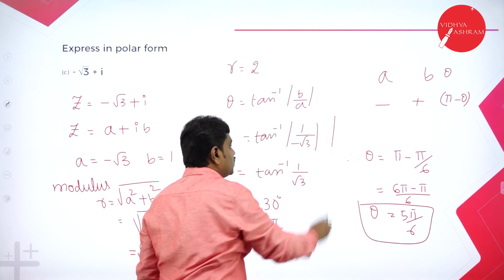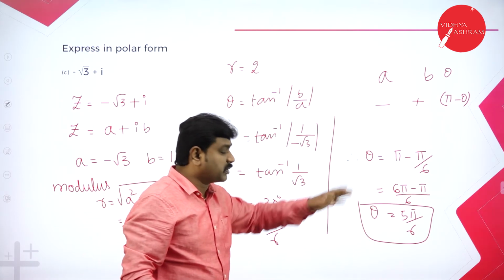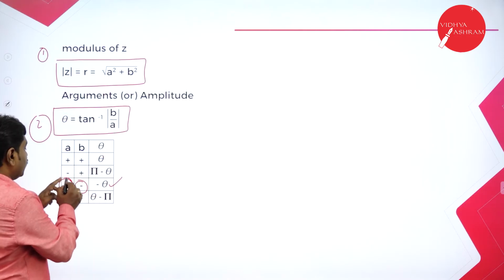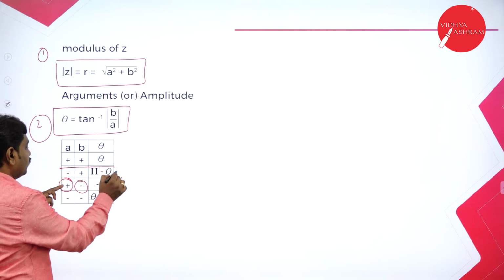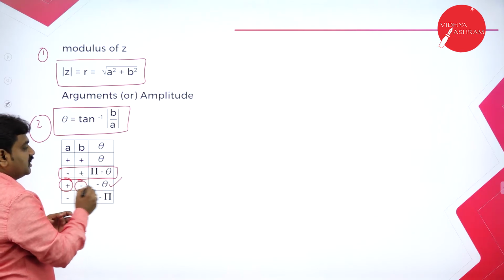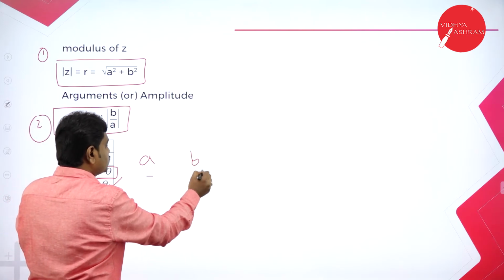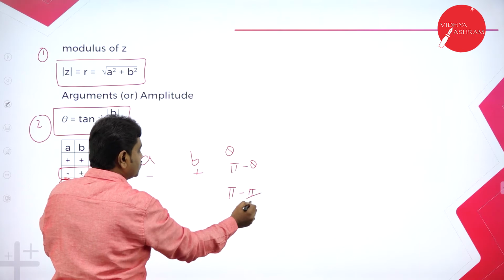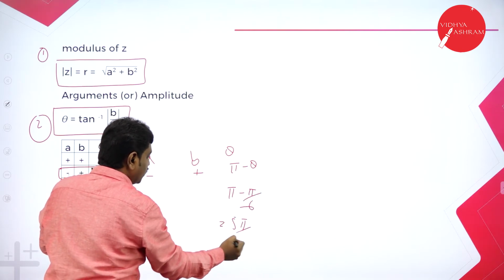Why should we take pi minus pi by 6? Refer to the table: if a is negative, b positive, theta will be pi minus theta. So that's why we took pi minus pi by 6, and we got 5 pi by 6.